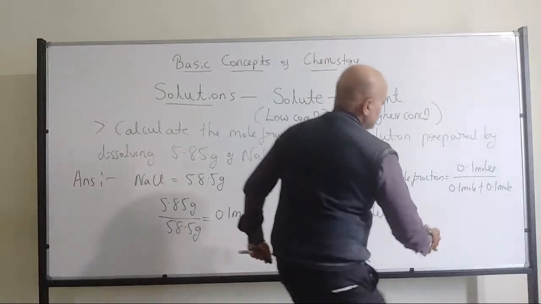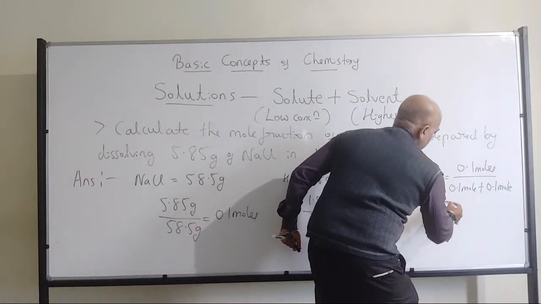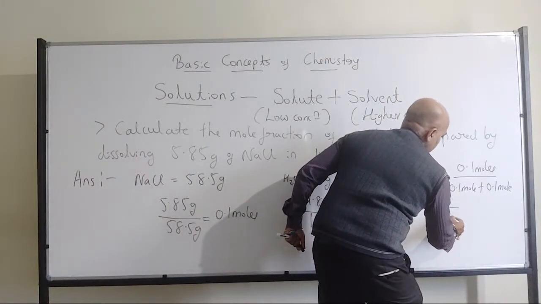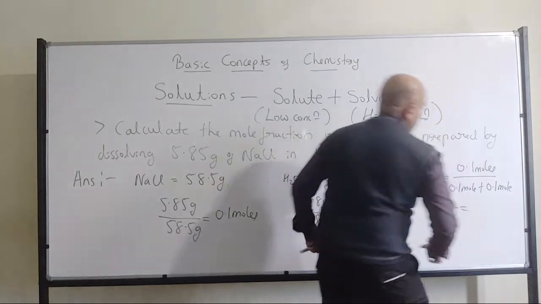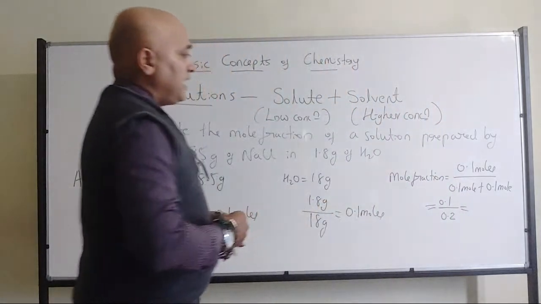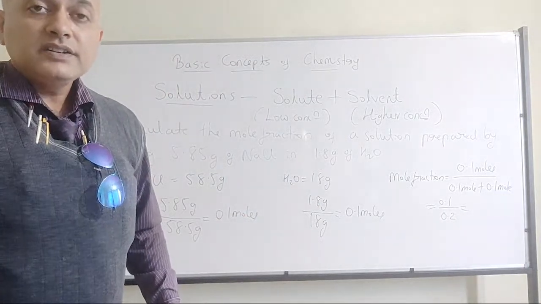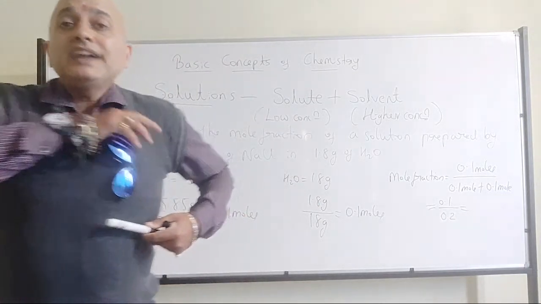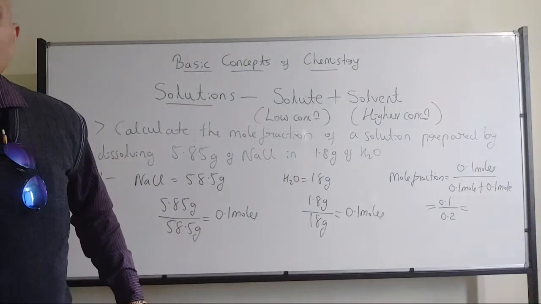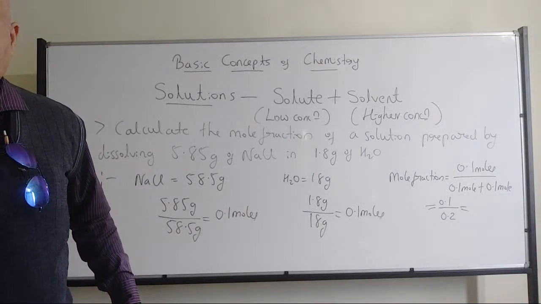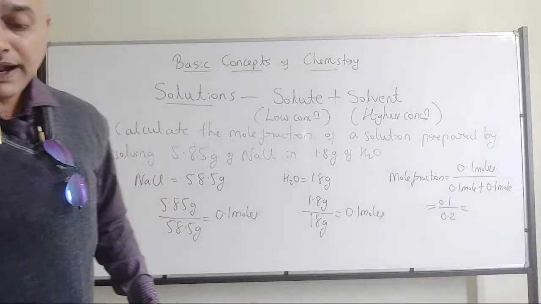That is nothing but 0.1 divided by 0.2. So that's how it's like 1 by 2. All of you will agree?